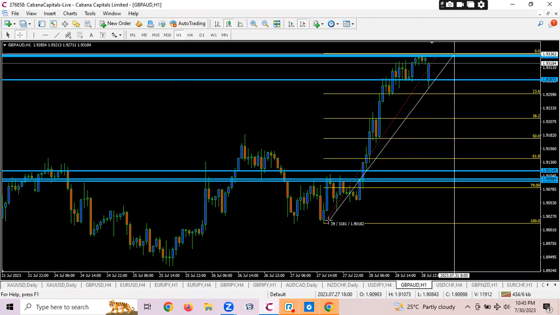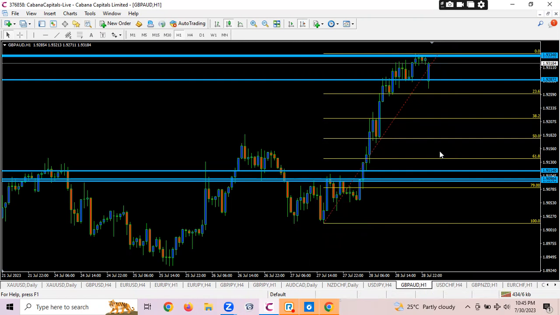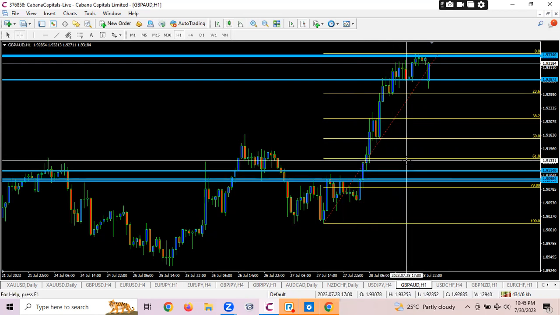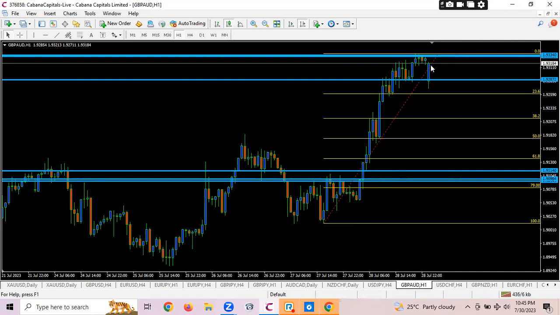This is too high. But if you wait for price to pull back to, let's say, the 61.8 level before you execute a buy, what will be your risk from this level? Even if you set your stop loss at this level, let's say 120 pips. So your risk is reduced compared to entering a buy from the current market price. I hope that is clear.